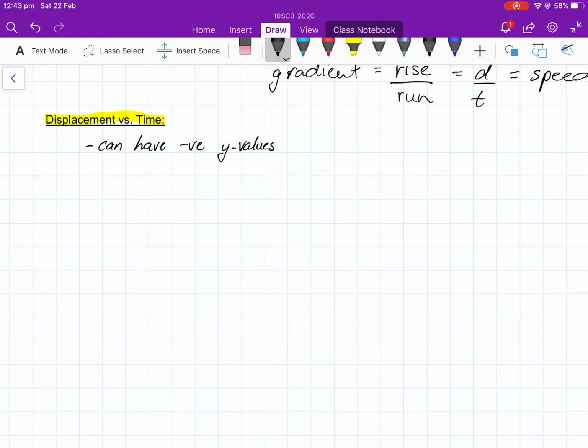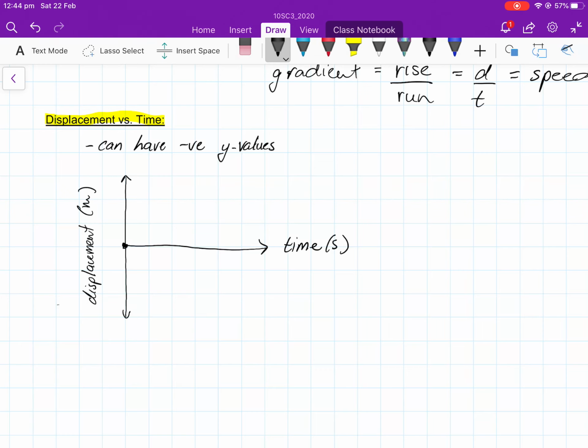So here's my y-axis, and I'm going to call that displacement in meters. Now remember, your origin must be the intersection between your x and your y-axis. This x-axis is going to be time in seconds. And this point here is my origin 0, 0.